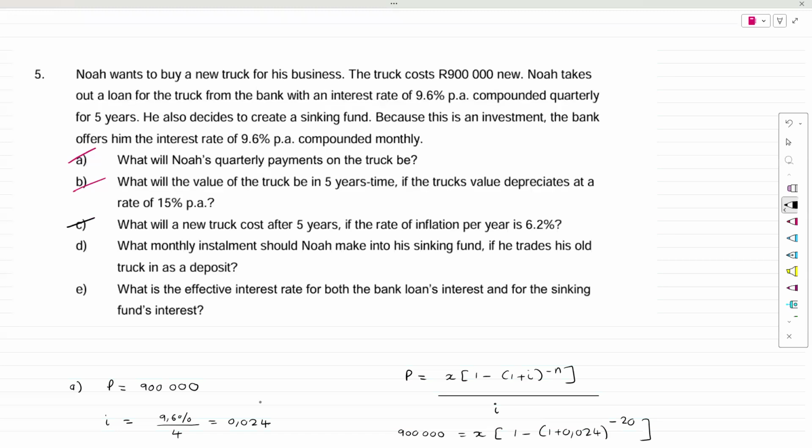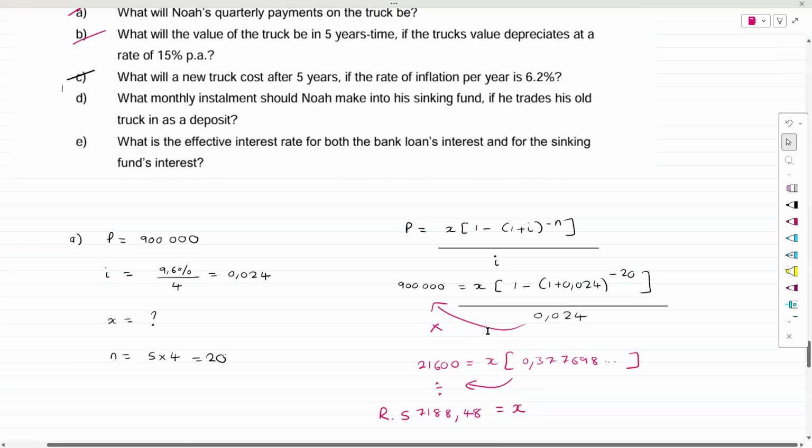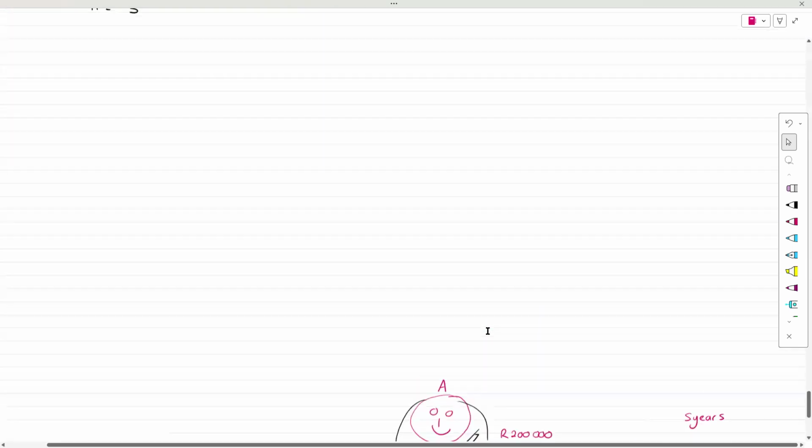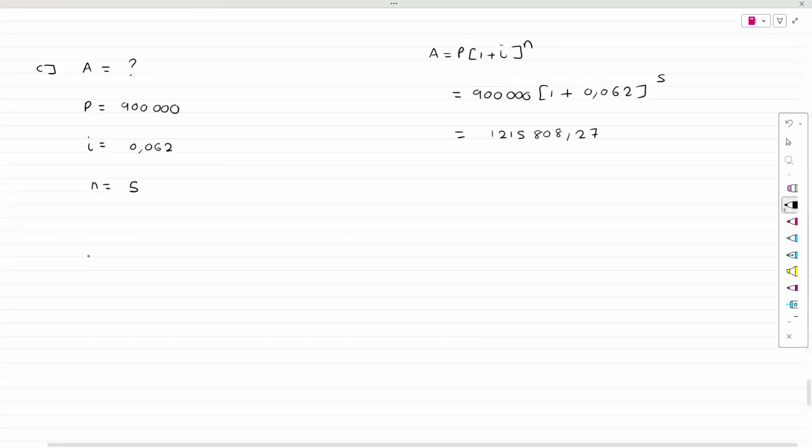What monthly installment should Noah make into his sinking fund if he trades his old truck as a deposit? Okay. Now, guys, realistically, this is a very easy question. Again, we go back to the story. He's going to sell his old truck. Let's just talk about his new truck.